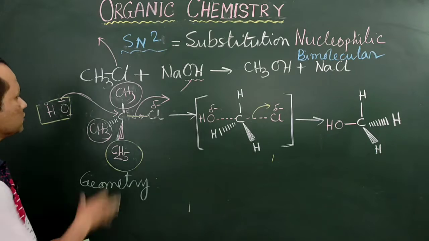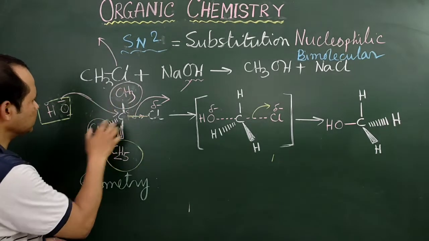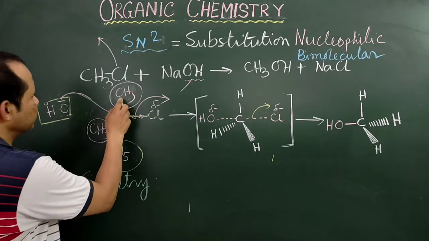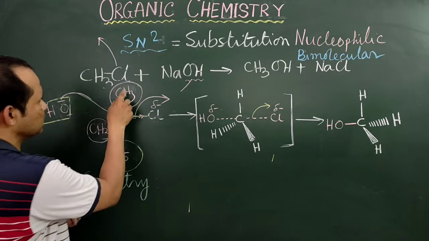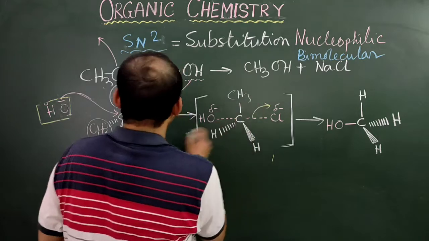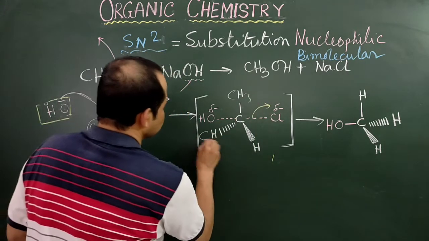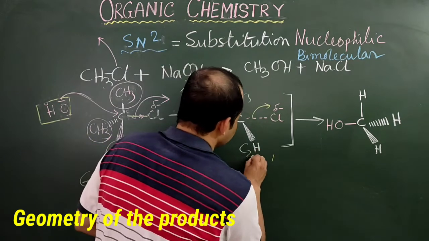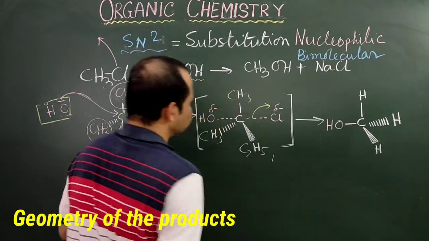Now what will happen? Let us consider this one. Now in this, 3 groups are there. So if we change this one here also, this is CH3, this group is CH3, this is CH3, and this is an ethyl group, so this will be C2H5.